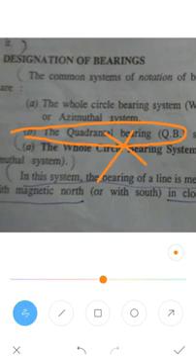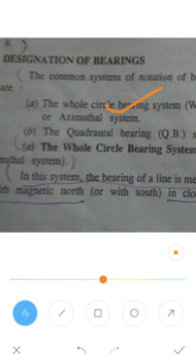While doing the problems, the knowledge of the quadrantal bearing will be very convenient to solve the problems. So that's why it is very important to know exactly what is whole circle bearing, what is quadrantal bearing, and the difference between them.